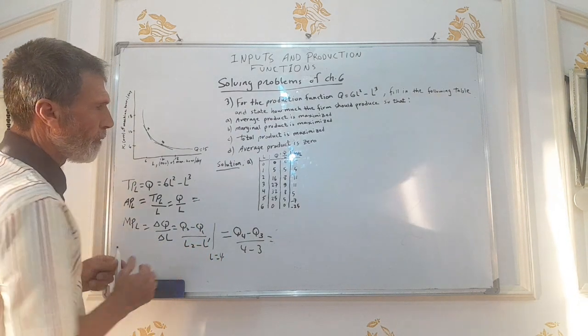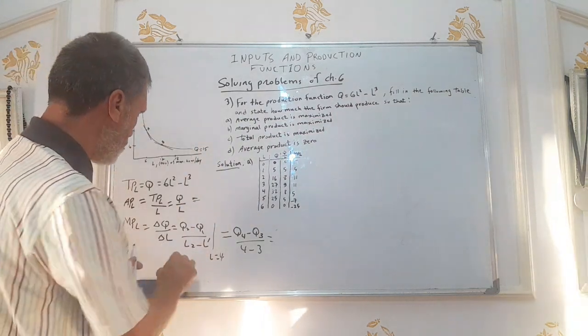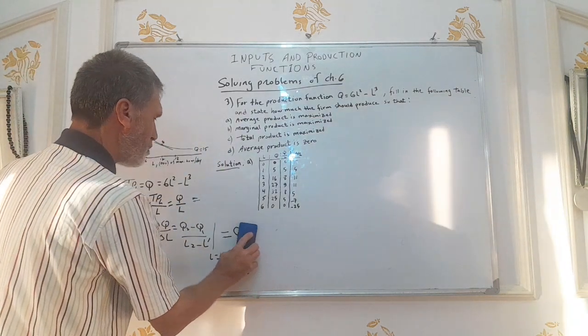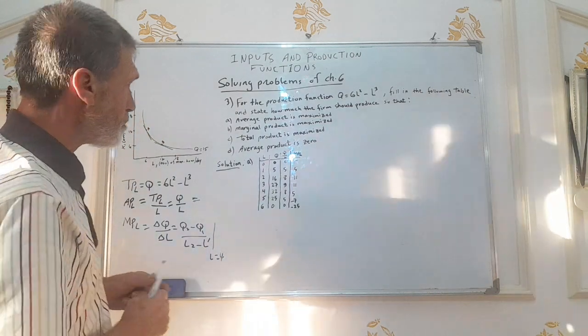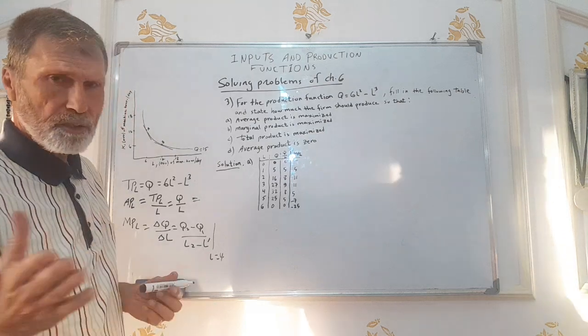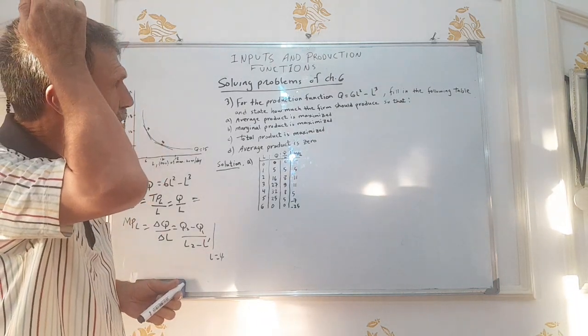Marginal product of labor. Now, this is the easiest way to do that. Of course, we can use calculus to do that.